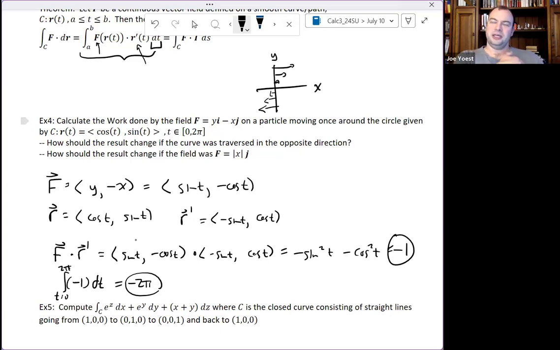When y is 0 and we're on the x-axis, we just have f as negative x j, so the vectors are just pointing up and down vertically. When x is positive, they're pointing down, and when it's more positive, they're pointing more down. And when x is negative, they're pointing up. And at intermediate points, they're kind of like diagonal, like this.